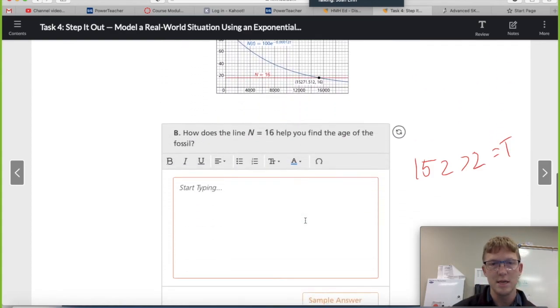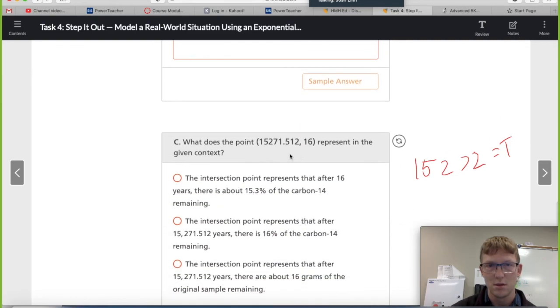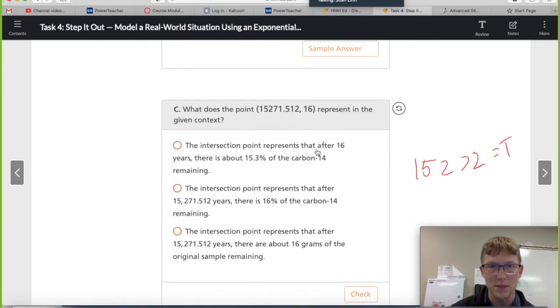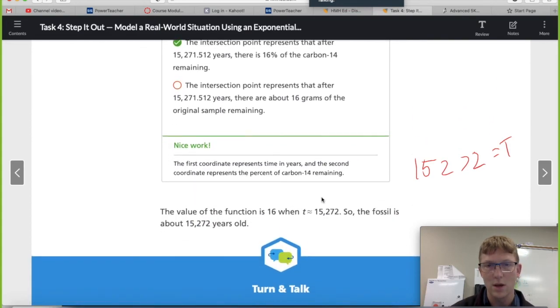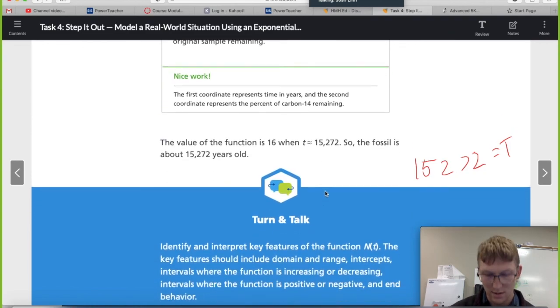So then our t is going to be that number, which is the same thing we got, except we rounded it. So the intersection point represents that after that many years, there is 16% of carbon-14 remaining. And there we go. So we have successfully dated that fossil.